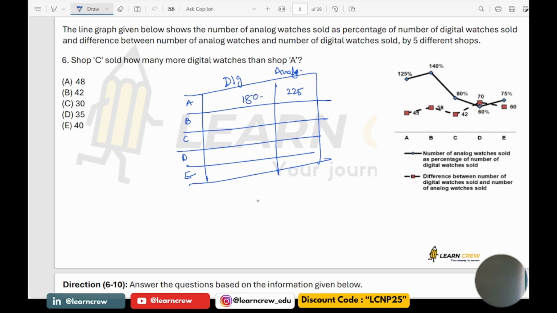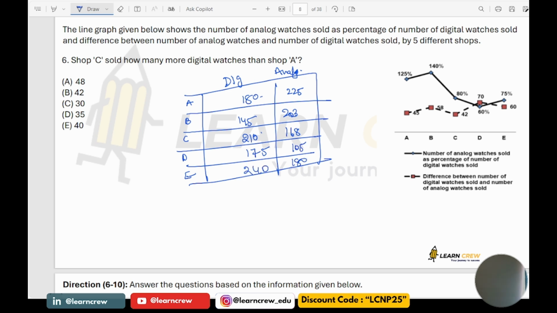Similarly for B it is 145, it is 203, and for C 80 percentage means 4 parts, 5 parts. One part is 42, 4 parts is 168, 5 parts is 210. Similarly, it would be 175 and 105. It is 240 and 180.